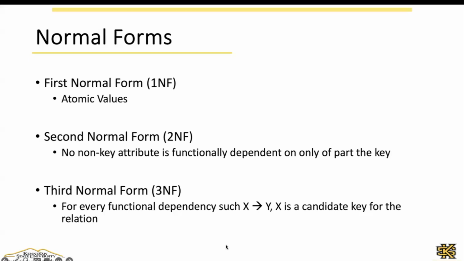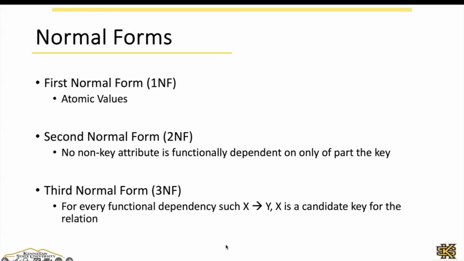It requires that for every functional dependency where attribute X determines attribute Y, X should be a candidate key for that relation. This means that if an attribute is determining the value of another attribute, it must be a candidate key for a primary key within that table.